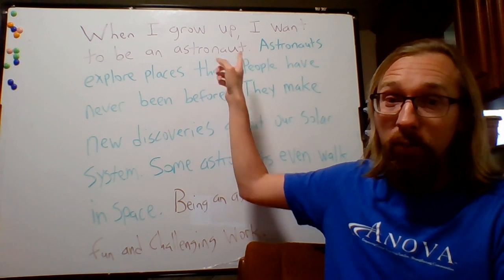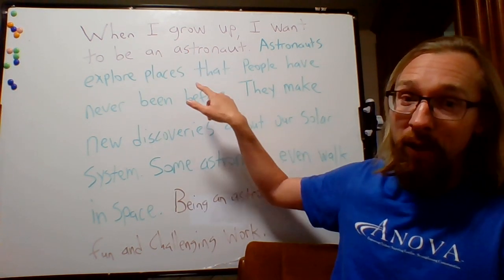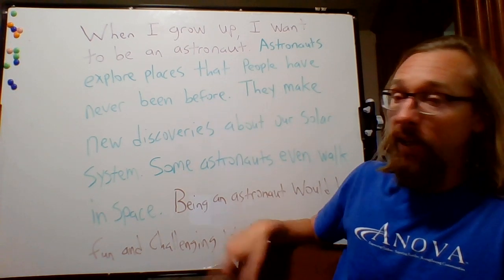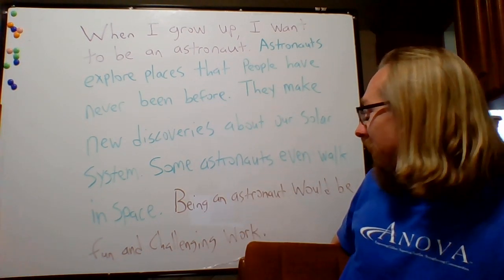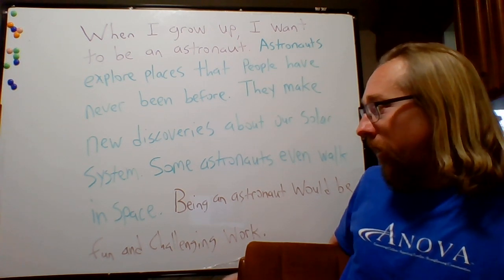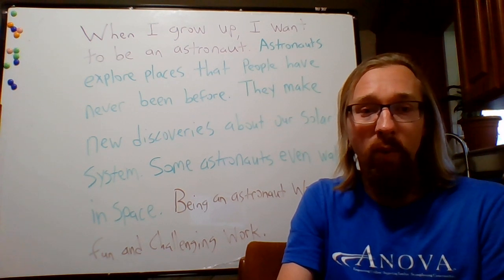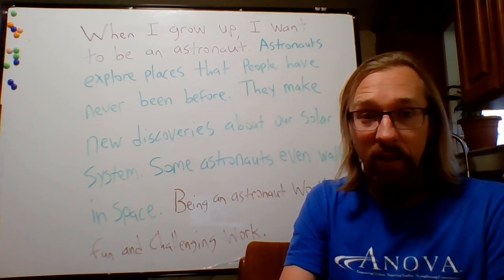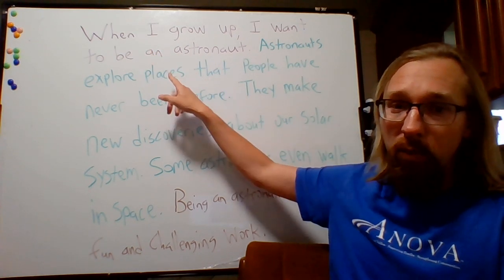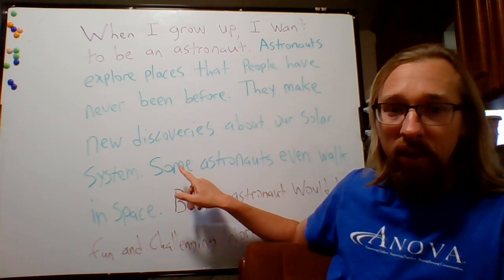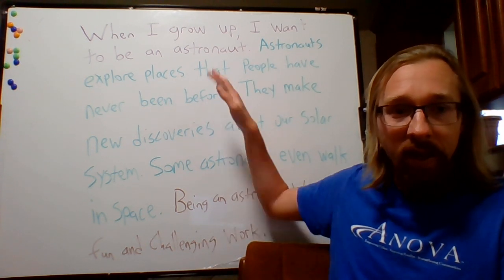So this person is explaining, essentially, why they made this first statement. Afterwards in green, the person concludes by saying, being an astronaut would be fun and challenging work. This is the conclusion, because it sums up the main point of what this writer is trying to say. So the writer makes a statement, provides evidence to support that statement, and then makes the main point of what all of this is saying.